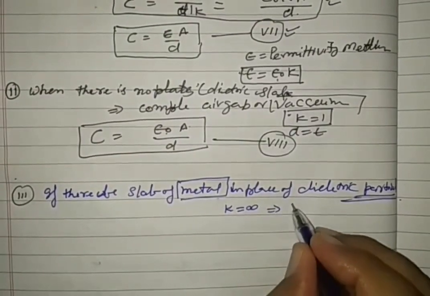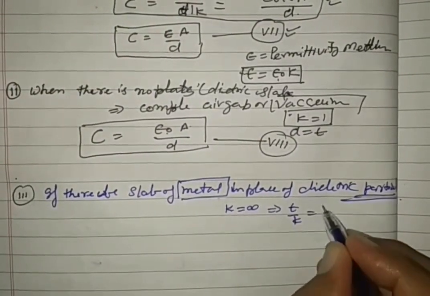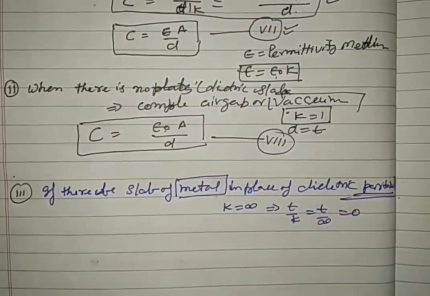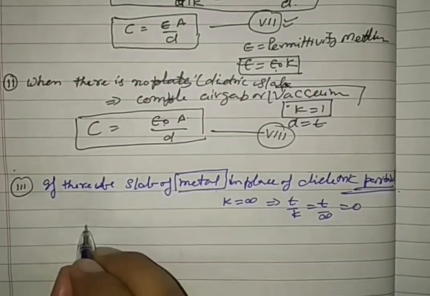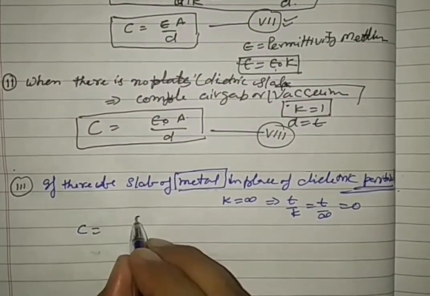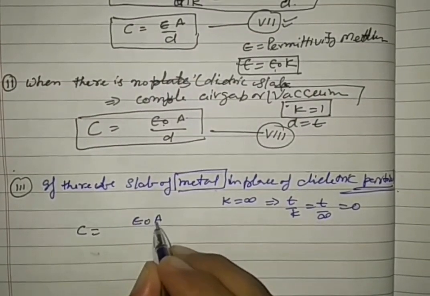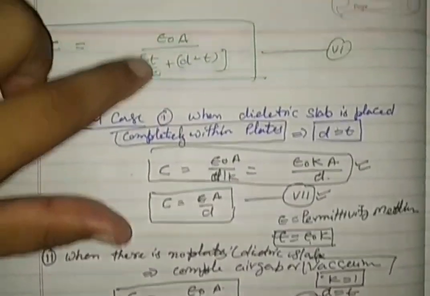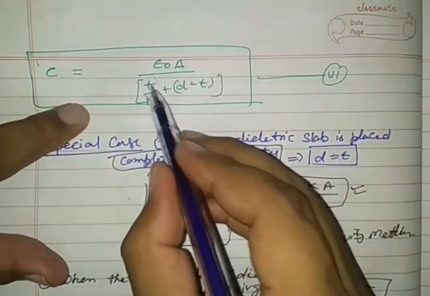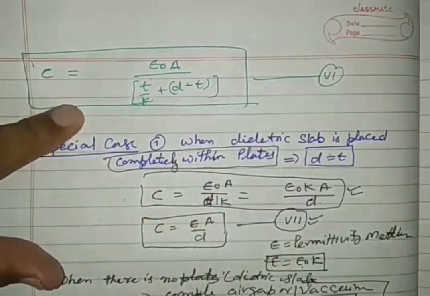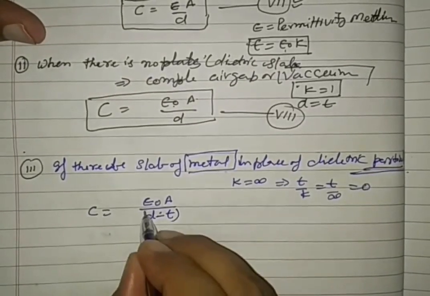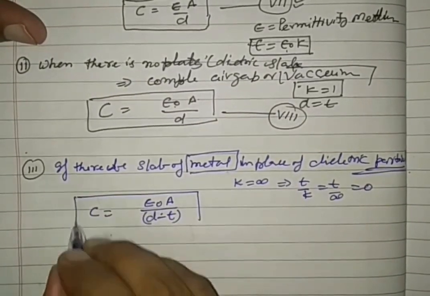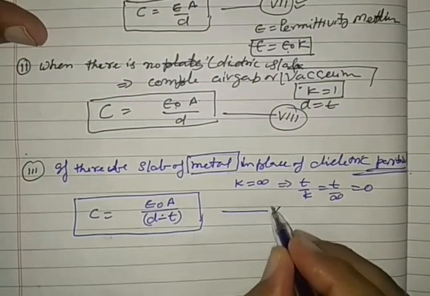This implies that T by K becomes T by infinity, which is equal to 0. So equation 6 can be written as epsilon 0 A by D minus T. See the equation number 9.